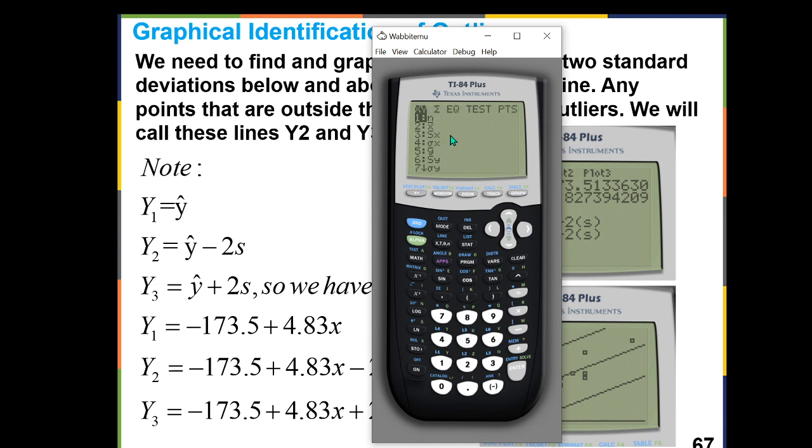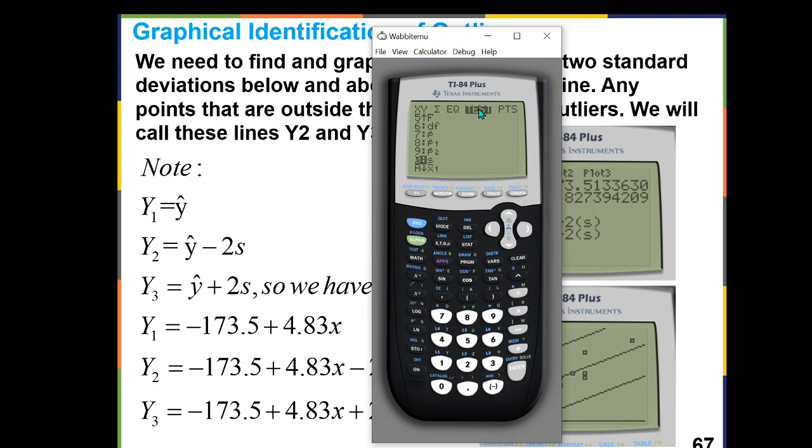Where under statistics? Well, let's look for it. Is it under sigma? Is it under equation? Is it under test? Yes, it is right there.